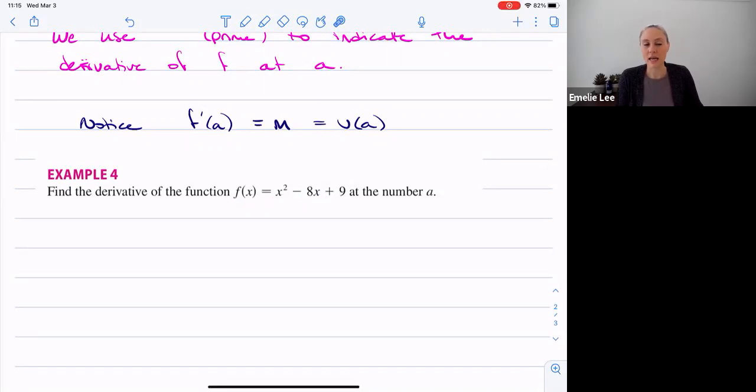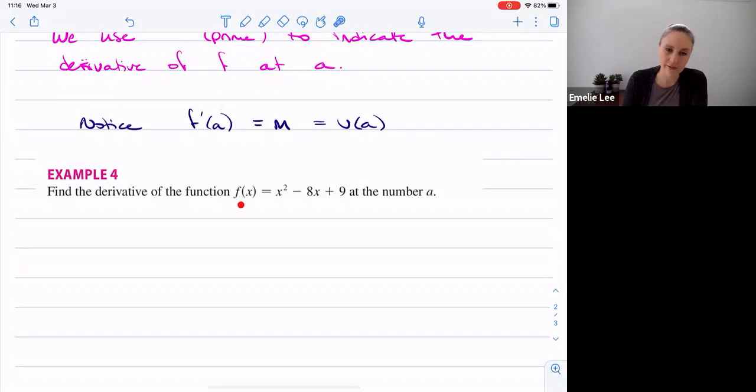So at any number a, it doesn't matter. And what's nice, if we have a placeholder like we found in that last example where we finished last day, if we have the general function, then we can just plug in whatever a we want and solve for, it was the velocity in that case. But so now let's find the derivative of this function.